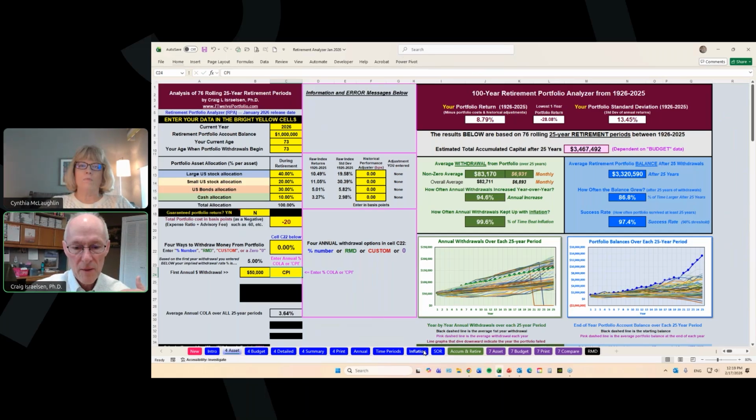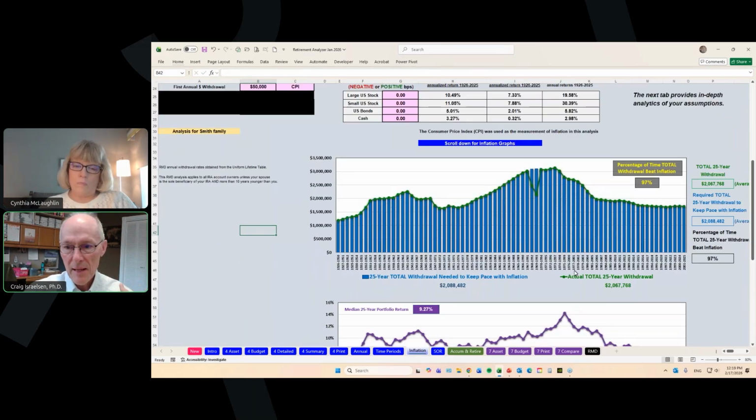Whoa, now that's direct. So now, look at that. The green dot matches, the green dot is the actual withdrawal, and the blue is the withdrawal needed to keep pace with inflation. And the only time that it failed was these 2 years right here, and what must have happened, we must have had a failure.